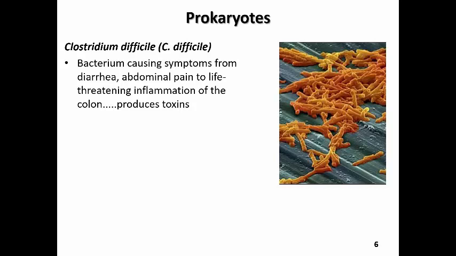This bacterium is responsible for a wide range of signs and symptoms, and in some cases, the inflammation it causes can be life-threatening in the large intestine or the colon. The mechanism by which the inflammation is caused is through the release of toxins by this bacteria.